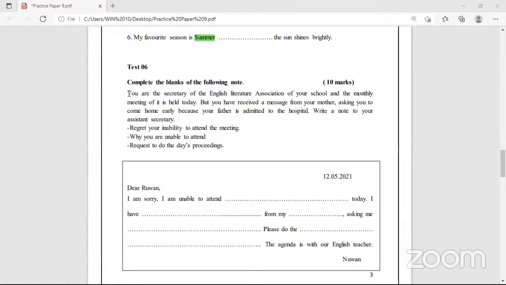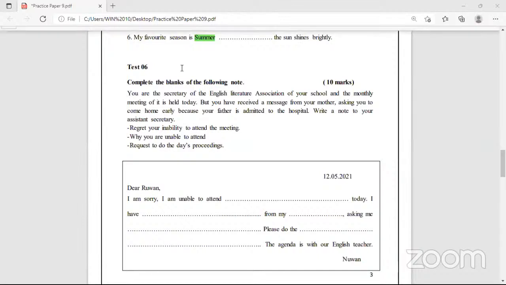But you have received a message from your mother asking you to come home early because your father is admitted to the hospital. So write a note to your assistant secretary and you have to mention these facts in the note. First one, regret your inability to attend the meeting. Next one, why you are unable to attend. And third one, request to do the day's proceedings.